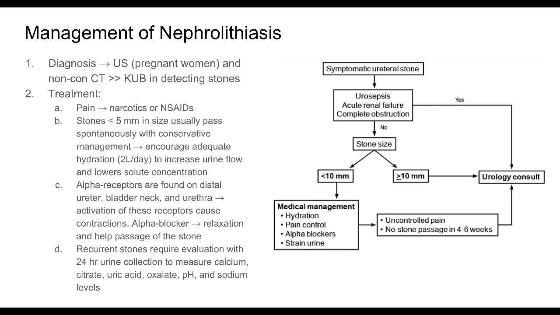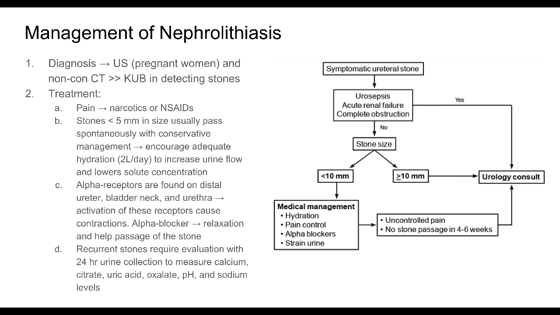Sometimes you can give them medication to help push the stone. Alpha receptors are found on the distal ureter, the bladder neck, and the urethra. So you give alpha blockers to relax the ureters and the urethra so that, when it's relaxed, the stone can pass through it.